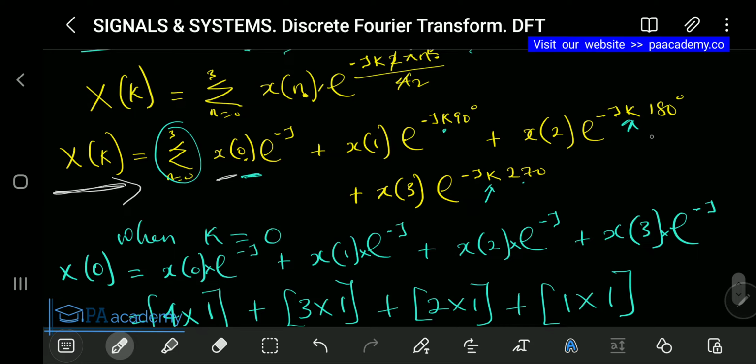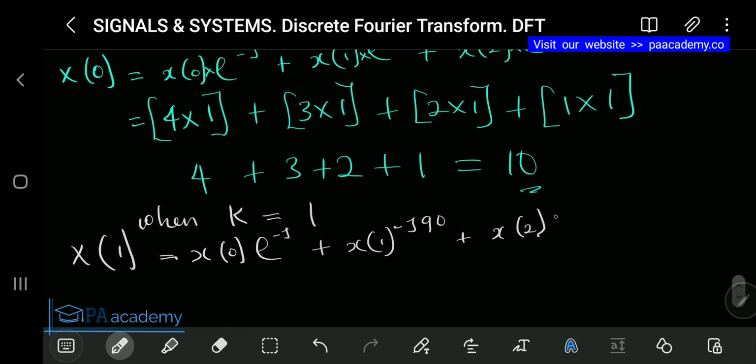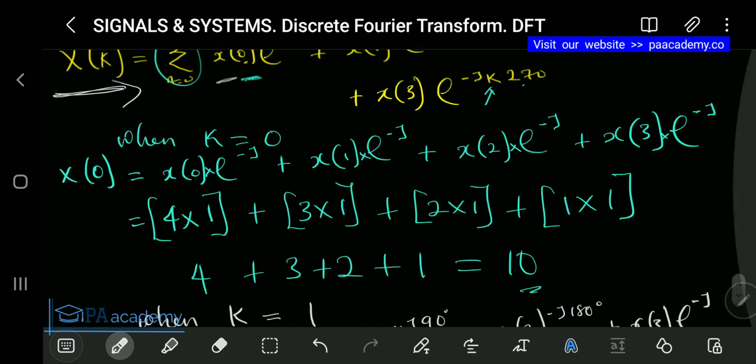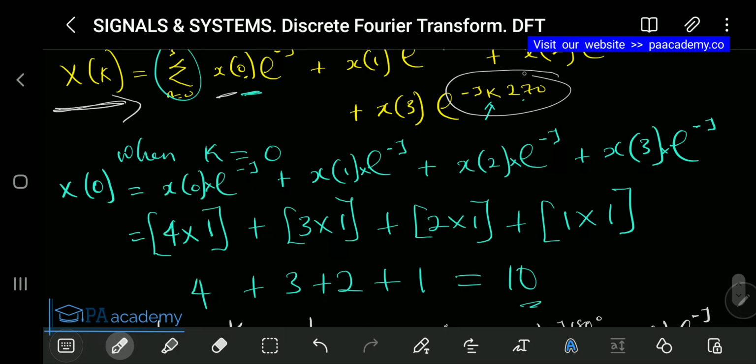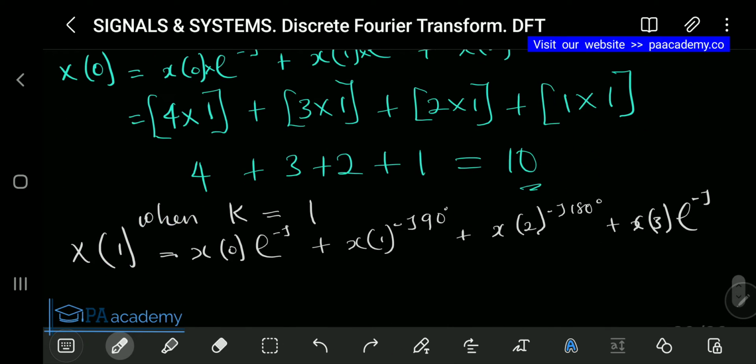So for x of 2 now, our k is 1, so that will be minus j180 degrees plus x of 3 exponential minus j, k is 1, so that's minus j 270.